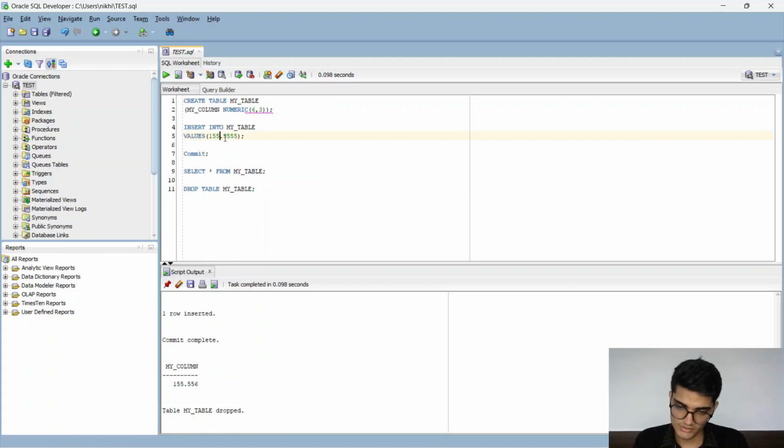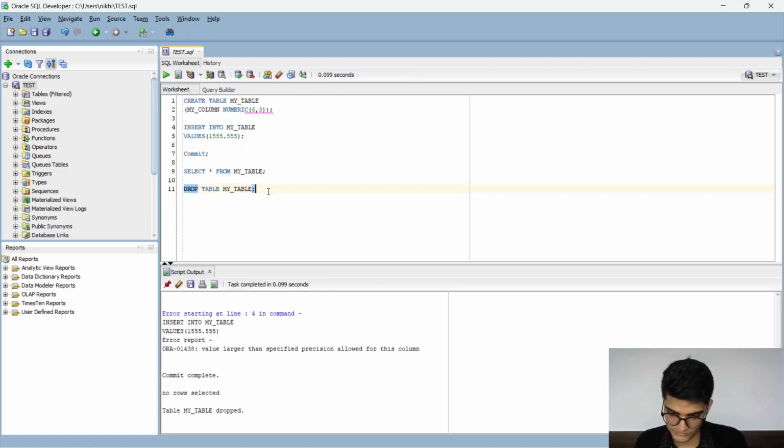You know that, okay? Now what if I want to store 155.5555, or say I will just remove one 5 from this side. Now what if I want to store this value? Let's see. Now we got an error.